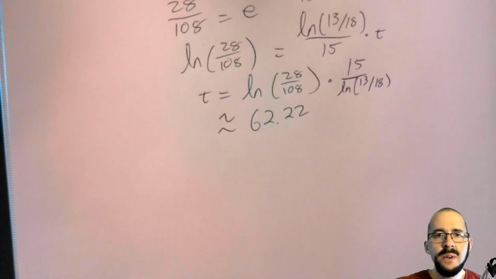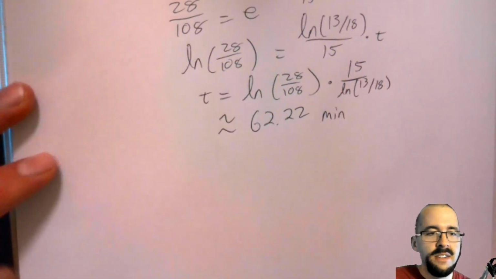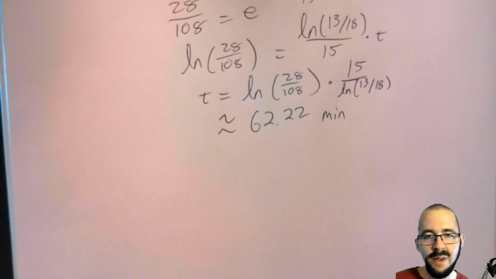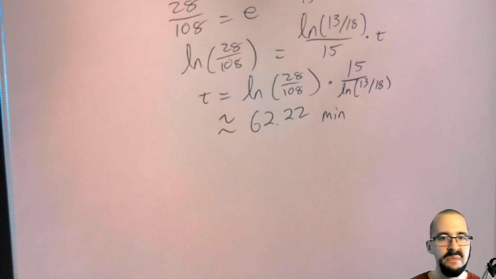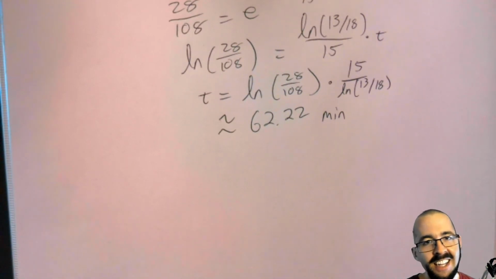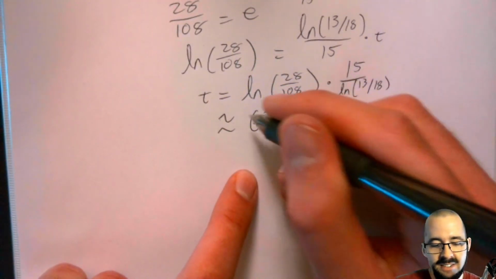Was t in minutes, hours? It was in minutes. So a little over an hour. If you leave your coffee out for a little over an hour, it's going to be that 100-degree warm, gross coffee. I don't like coffee in the first place, so I think all coffee is gross, but even coffee lovers probably won't like this, although some people may still drink it for the caffeine. All right, so about 62 minutes.